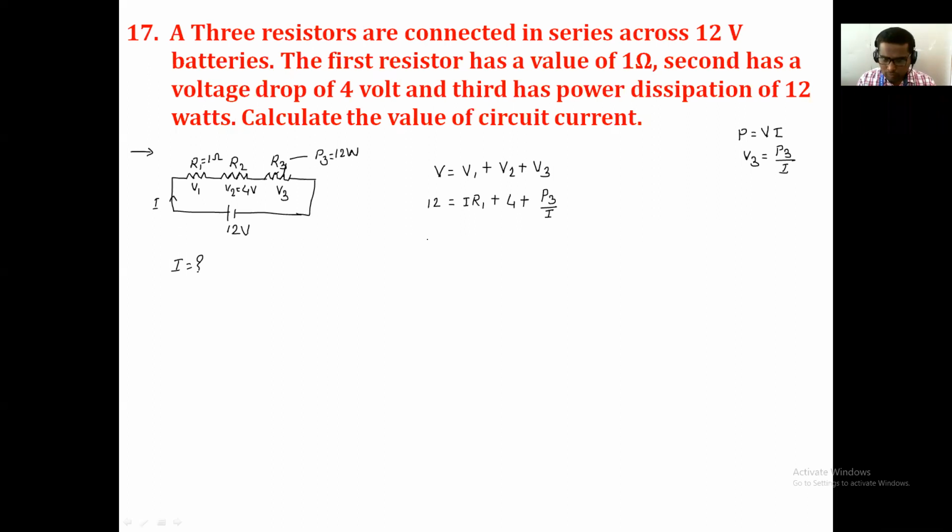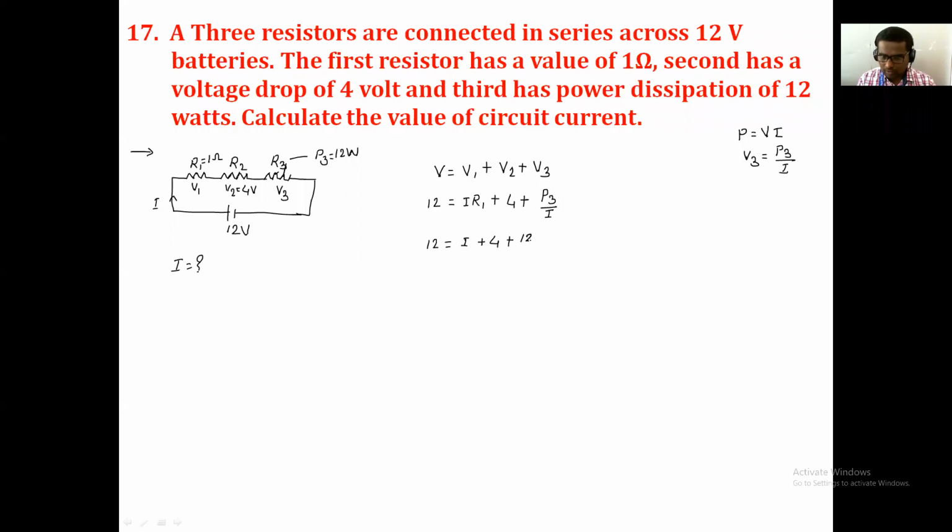Now let me try to simplify again the same equation. 12 is equal to I, R1 is 1. Either you can write it multiplied by 1, or you can leave it as it is. Is it right? Plus 4 plus, what is that value of P3?